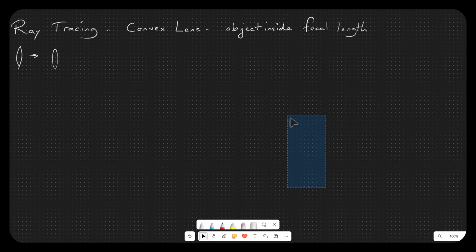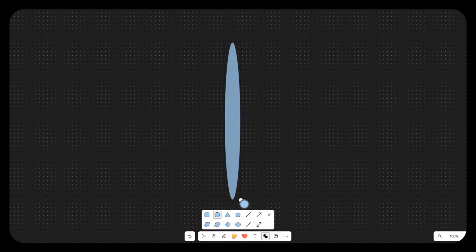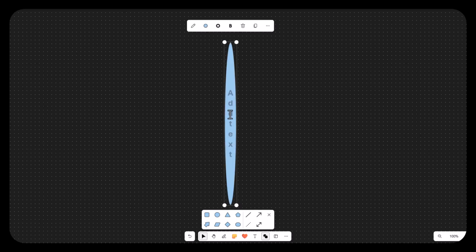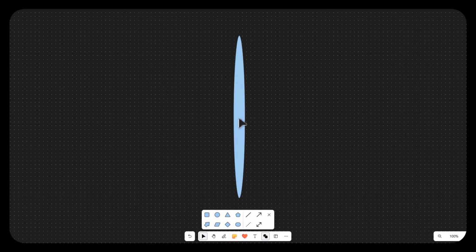Here we go. I'm going to start with my lens, and get some lines drawn in this thing. So, line down the middle. Let's go a little bit heavier.